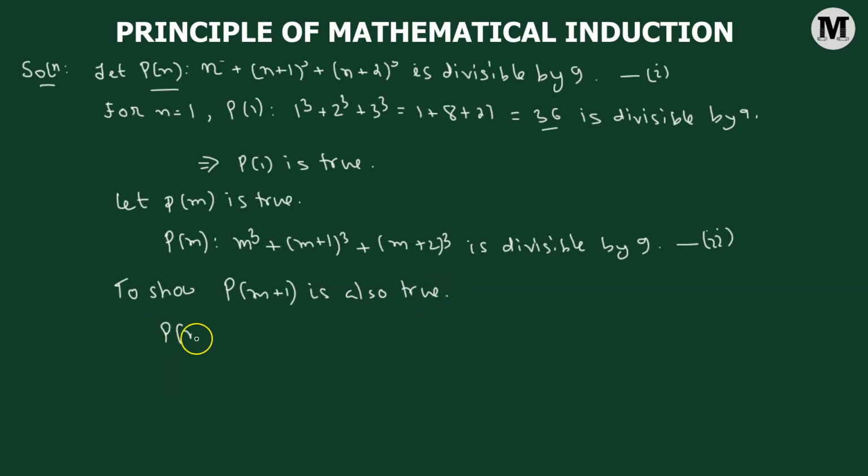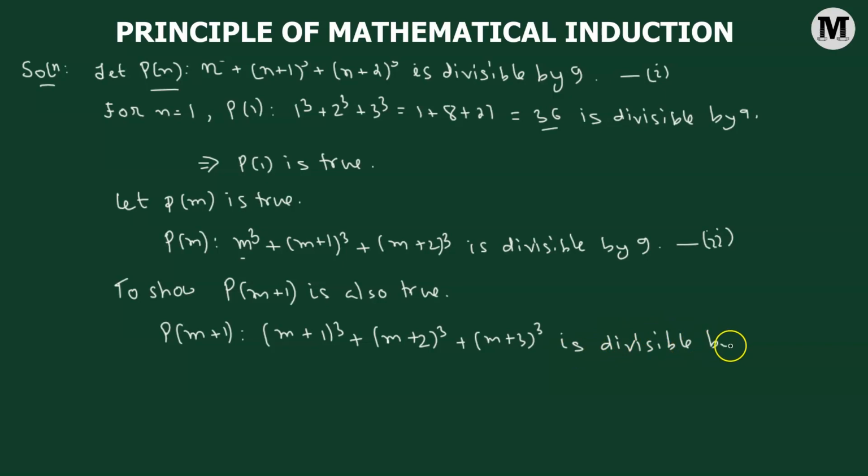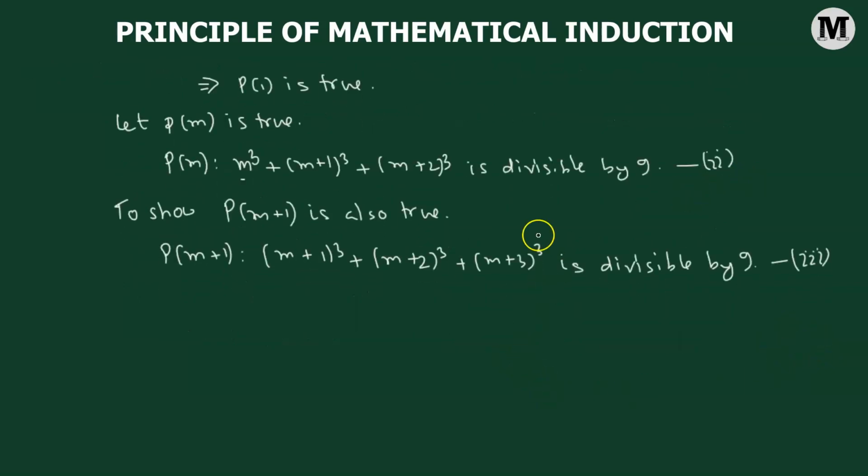It simply means that P of m plus 1, such that we have replaced each m with m plus 1, is going to give us m plus 1 whole cube added to m plus 2 whole cube added to m plus 3 whole cube. So the sum of the cubes of these three natural numbers must be divisible by 9 as well. And this is what we have to show. So how do we show that this is also true? We will use statement number 2 because statement number 2 is true.